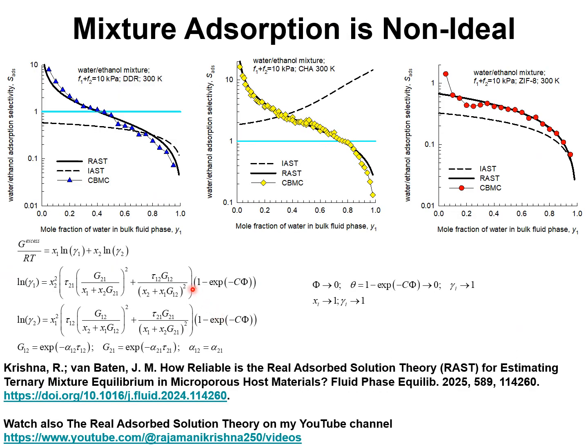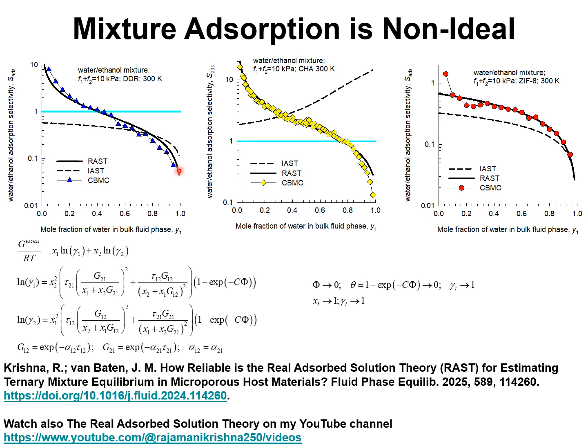To demonstrate the thermodynamic non-idealities for mixed water-ethanol mixture adsorption, we conducted configurational bias Monte Carlo simulations for mixtures of water and ethanol with a total fugacity of 10 kilopascal and varying composition of water in the bulk phase mixture, varying from 0 to unity.